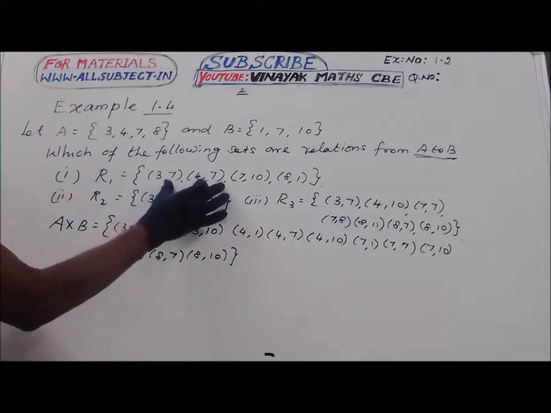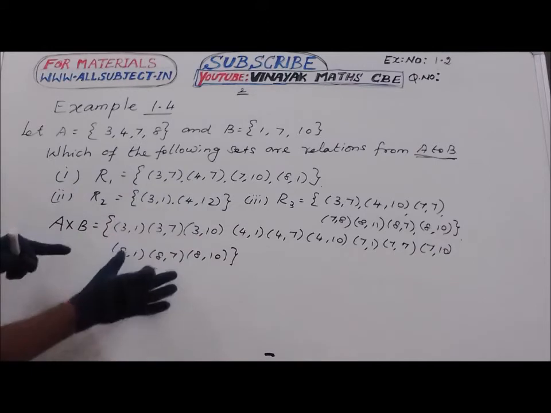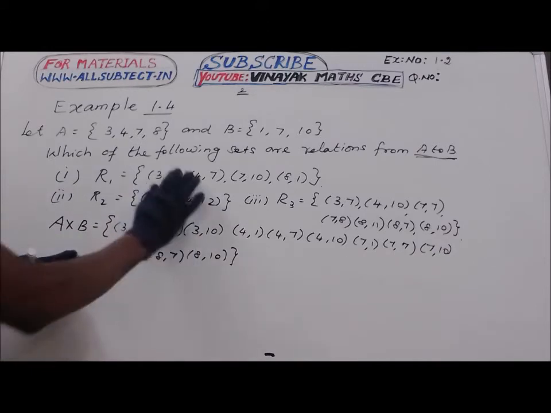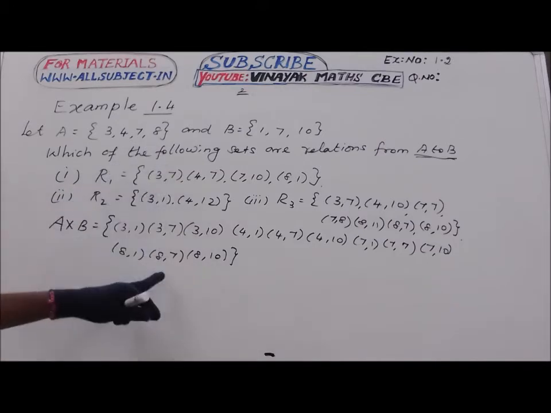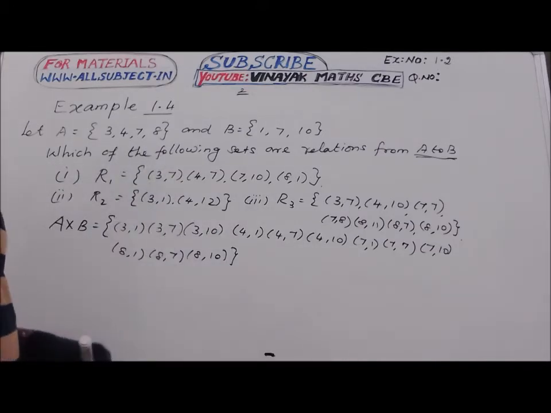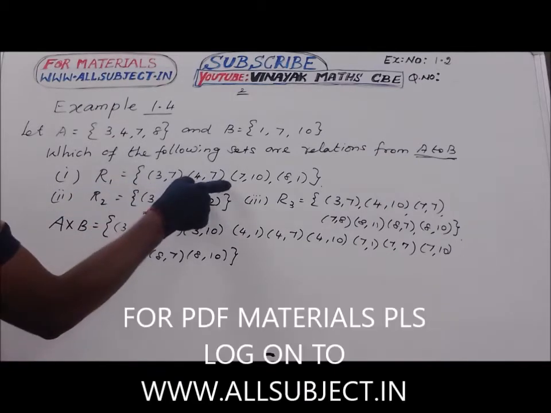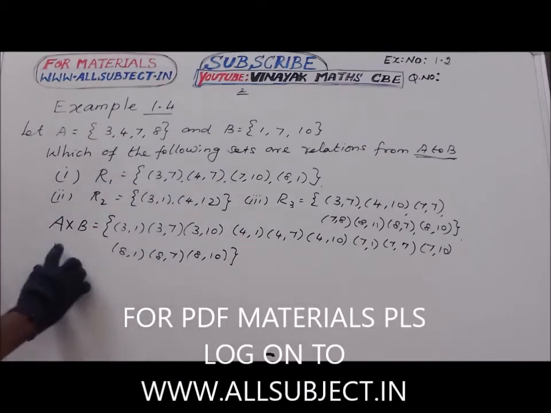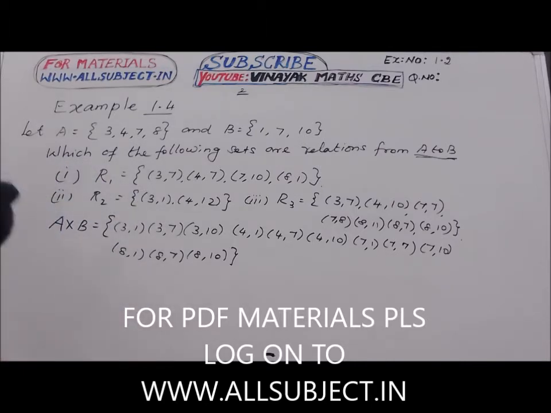So all the elements in R1 are in A cross B. The relation R1 is a subset of A cross B. Therefore, it is a relation. If the relation is not a subset of A cross B, it will not be a relation.